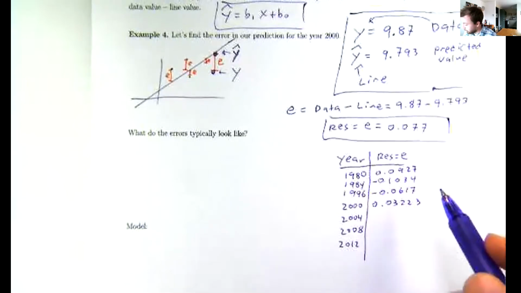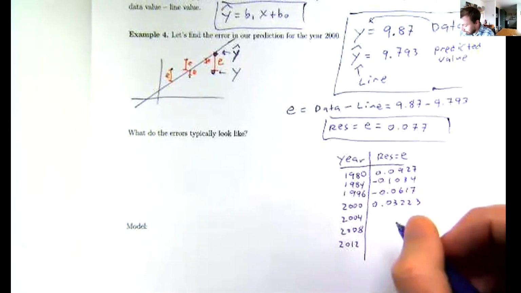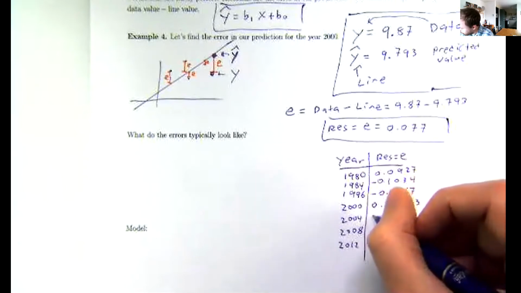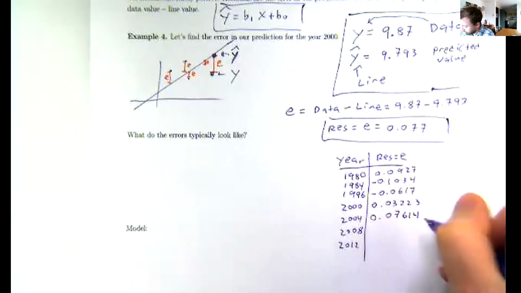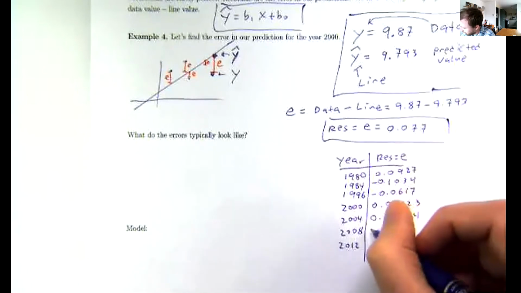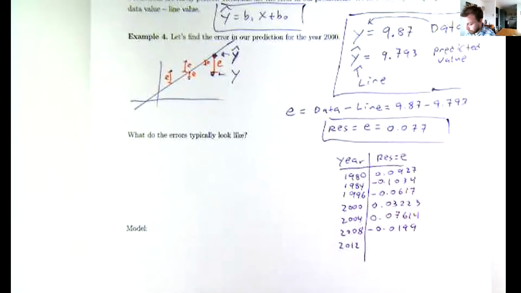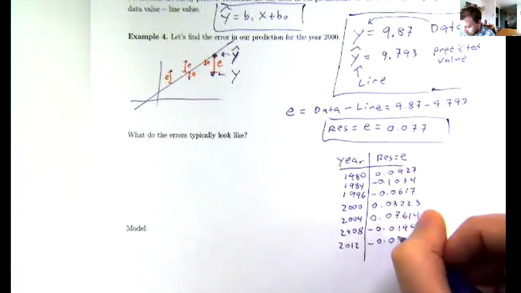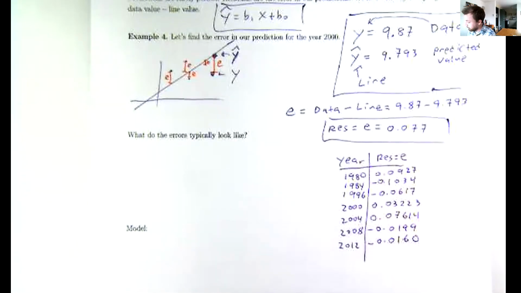This is actually much more accurate with the calculator because it's using more digits. For the year 2004, I have 0.07614. I have negative 0.0199 for the year 2008, and in 2012, I had negative 0.0160 or so.